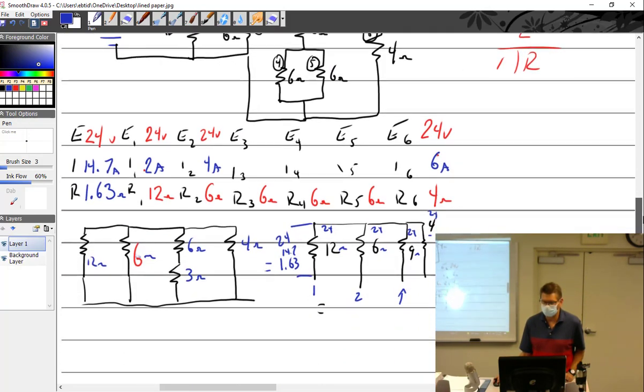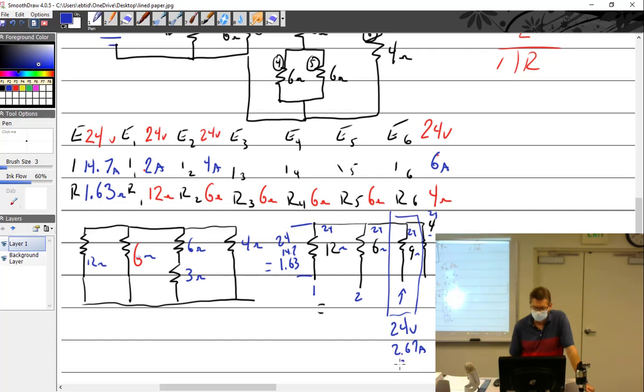So that's where we got to be looking at right there. Sorry, it's so small and kind of sloppy. So that's 24, 9 ohms. So what is my current flow? It's 24 volts, 2.67 amps, and 9 ohms.